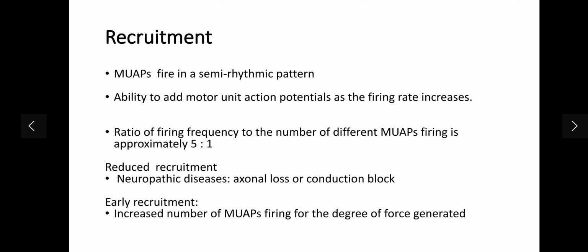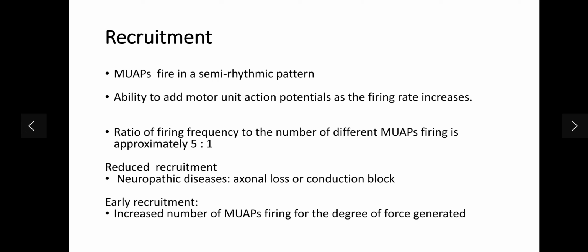We talked about insertional activity, where you insert a needle and see the generated activity, and we talked about spontaneous activity, where you ask the patient to relax and see the spontaneous activity from muscle fibers and motor units. Now we will talk about recruitment. Motor unit action potentials fire in a semi-rhythmic pattern.